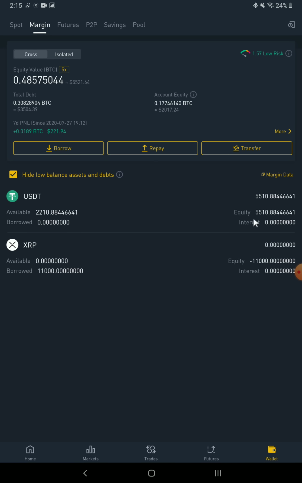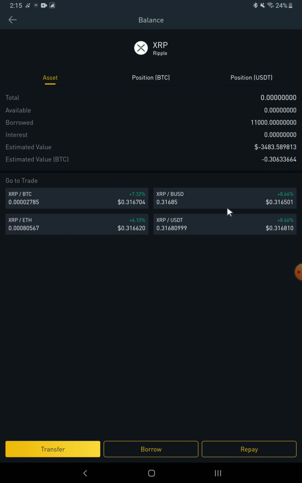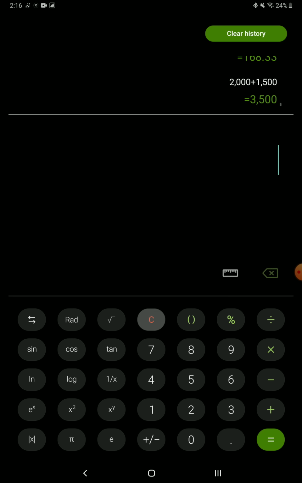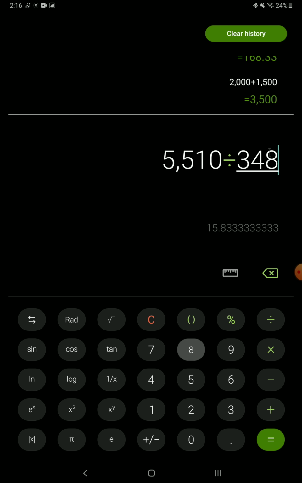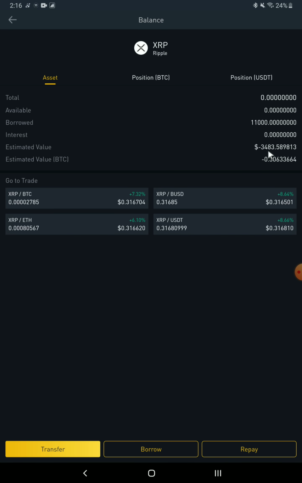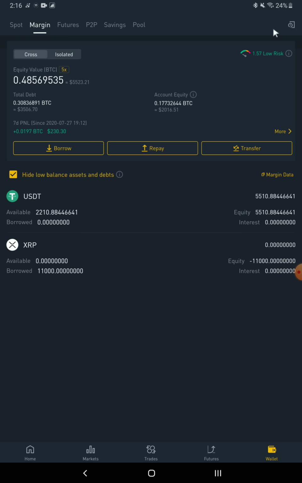So if you take this number, 5510, and then you divide it by the estimated value of what you borrowed, then you're going to get a number. So 3483, remember that. So we're going to take 5510 divided by 3483, and you get 1.58, right? And I forgot to add in the interest, but notice that that's 1.57. So it's pretty darn close. You get liquidated at 1.1.